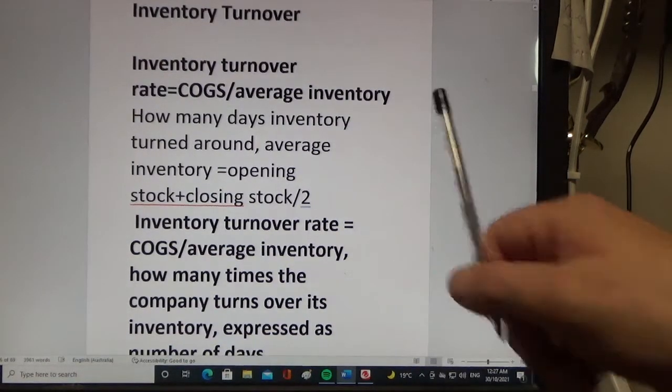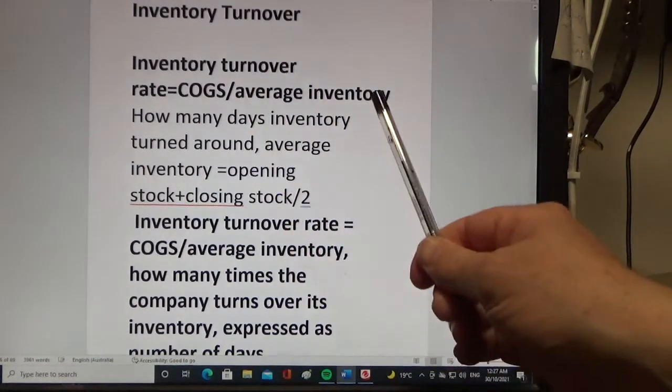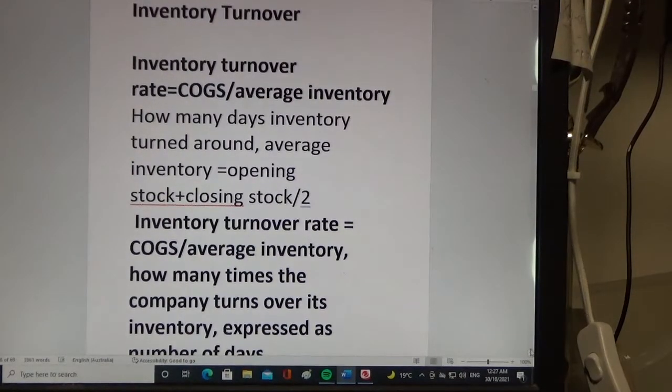That's the March quarter. So you get the inventory at the start, the inventory at the finish, you divide it by 2, that's your average inventory. So inventory turnover rate equals COGS, which I defined before, divided by average inventory. Average inventory equals opening stock plus closing stock divided by 2, as I mentioned.